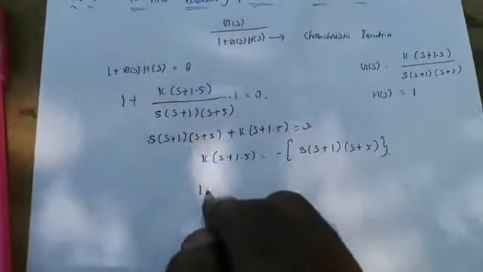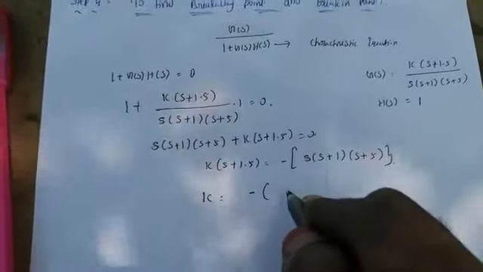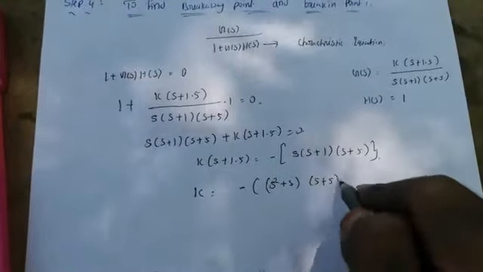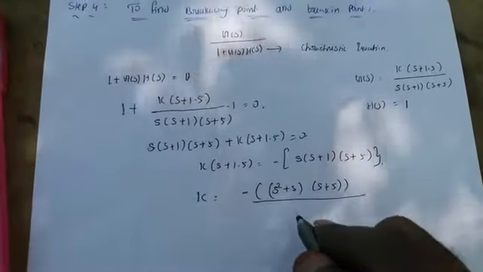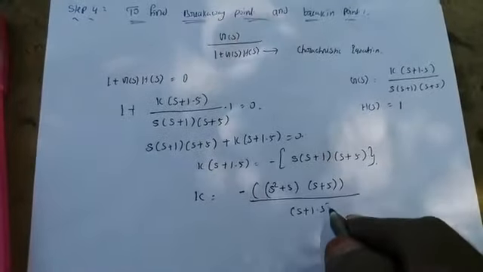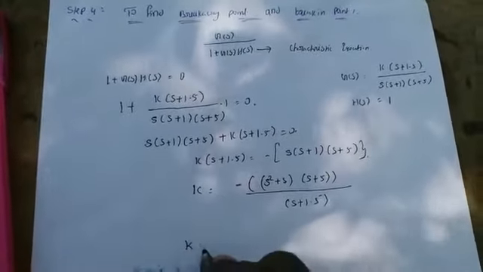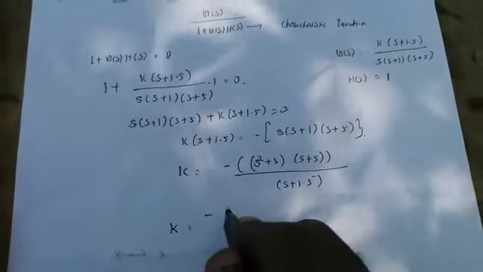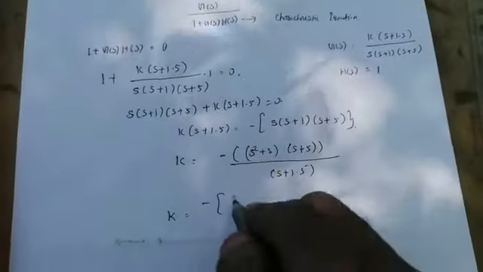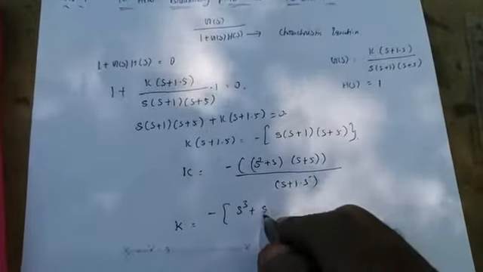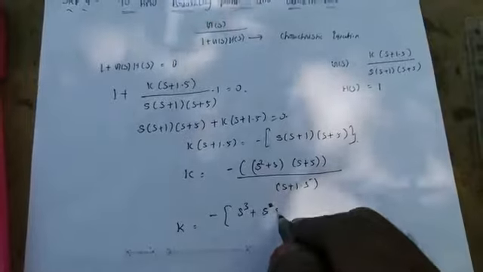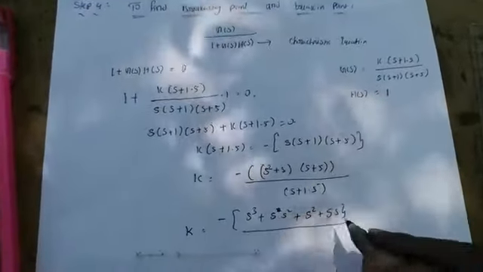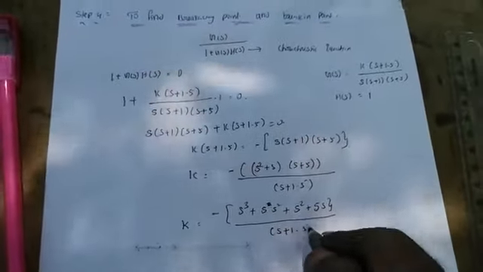Finally we will get K equals minus of s(s plus 1)(s plus 5) divided by (s plus 1.5). Again, if you expand the numerator, you will get minus of (s cubed plus 5s squared plus s squared plus 5s) divided by (s plus 1.5).